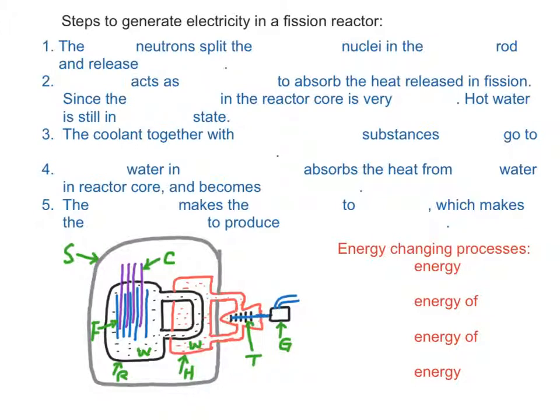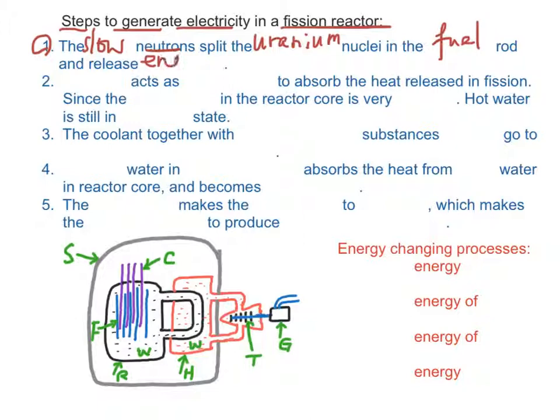Let's look at the steps to generate electricity in a fission reactor. First, the slow neutrons split the uranium nuclei in the fuel rods and release energy.